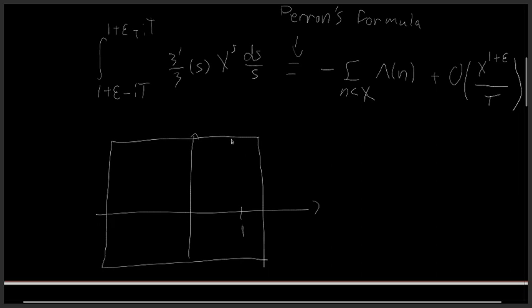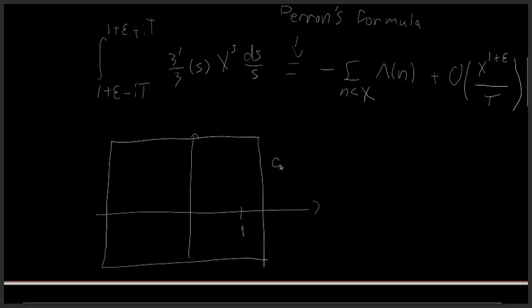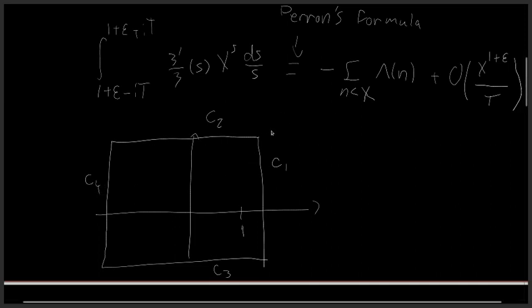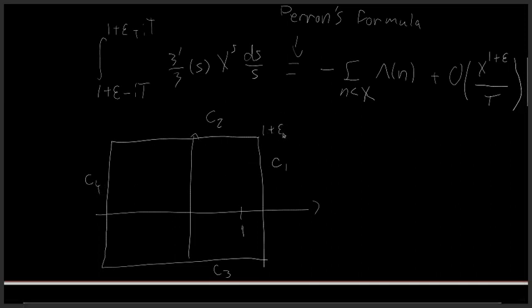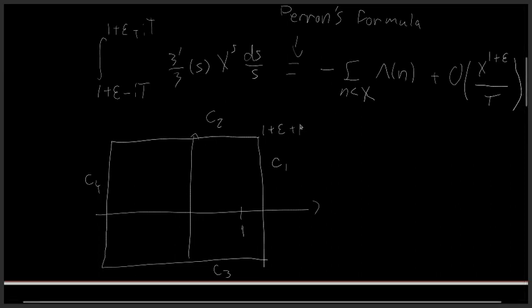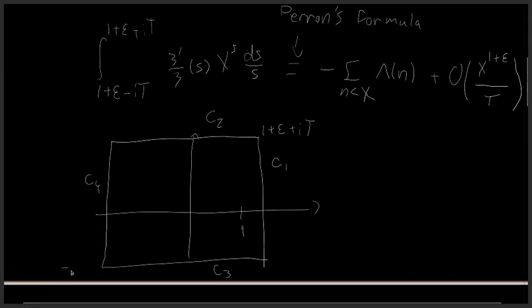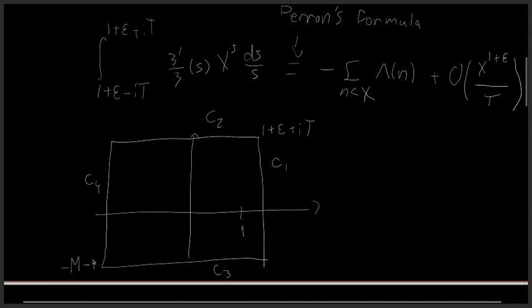For counting integers, we limited ourselves to stopping halfway through the critical strip. Now we're going to go further than this. We have this contour that consists of 4 segments, a rectangle, C1, C2, C3, and C4. This point is going to be 1 plus epsilon plus it, and this point is going to be, let's say, minus m minus it.